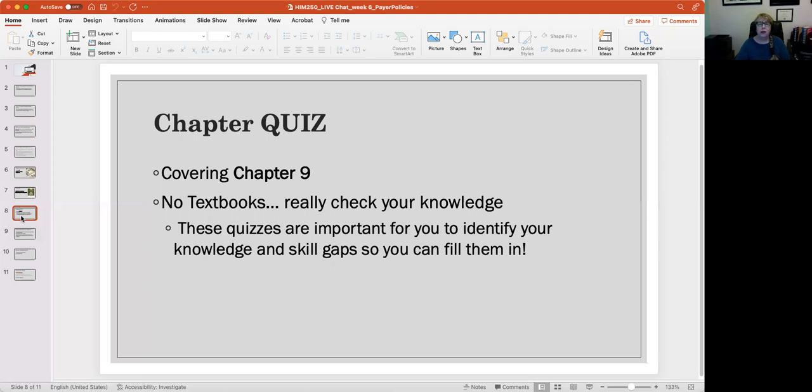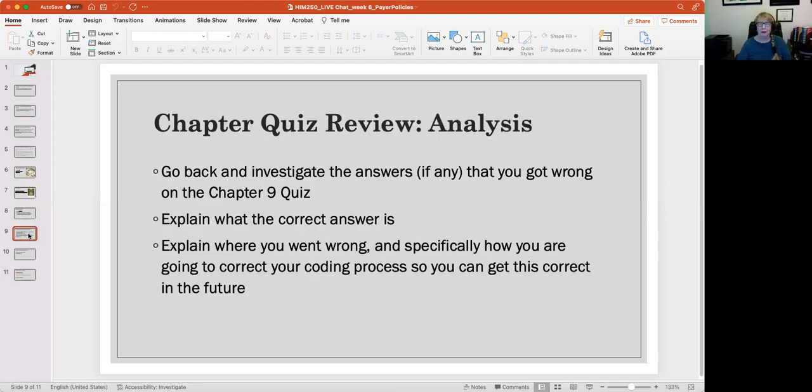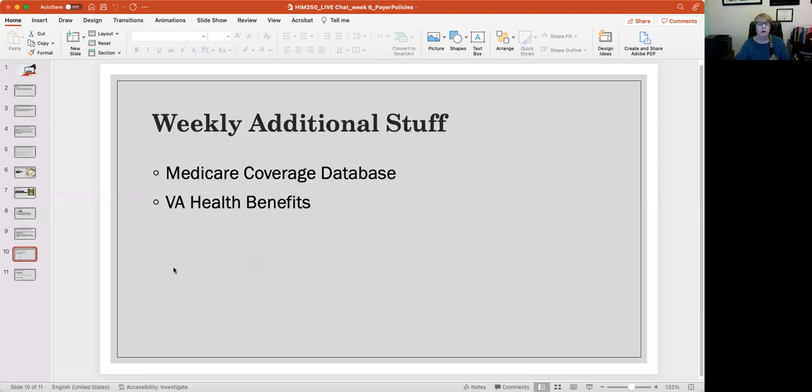Do this like you were actually taking the exam. Okay, you might want to frisk yourself to make sure you don't have any cheat sheets on you, just to get in the mood. Come on. And then do the analysis, really dig deep. Find out what was that sentence or that word in the case study or the question that threw you off, that you got the answer wrong. This is what we need to investigate so we can correct it, both for taking the certification exam and for real life. Okay. All right.